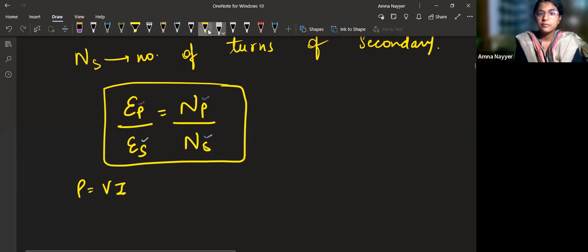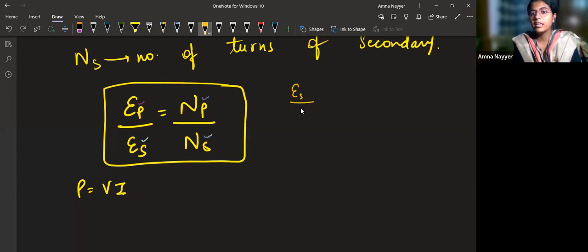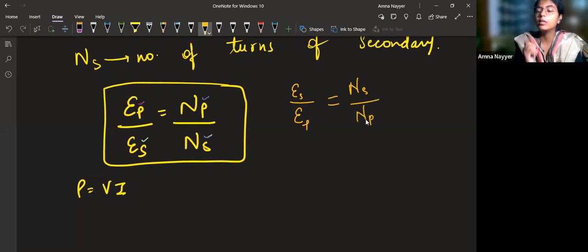It means if I say voltage in the secondary divided by voltage in the primary, this means number of turns in secondary by number of turns in primary I will write. If secondary is here, secondary will be here. If primary is written here, then primary will be written here. This is what I'm saying. So the best way to remember the formula is this. Voltage and number of turns will have the same coefficients.